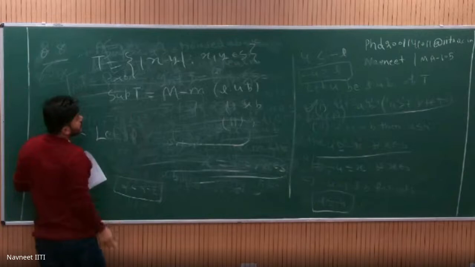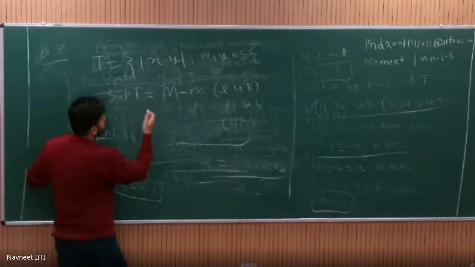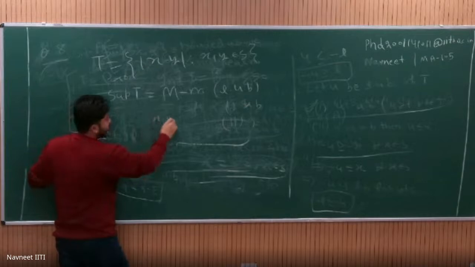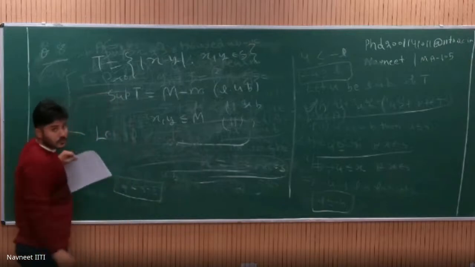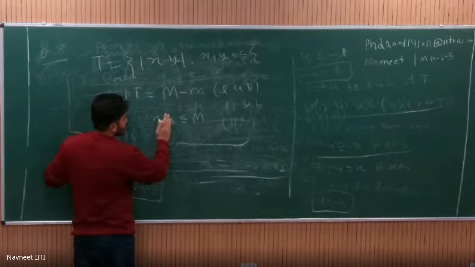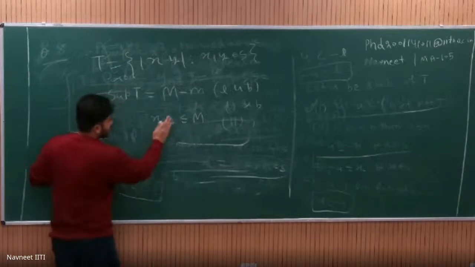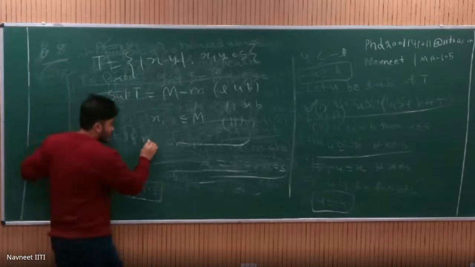Now you see very easily how to start. Okay, x and y are going to be less than or equal to this capital M. Is it clear or not? And this means what? Well, just take x to be less than or equal to M. Now small m is less than or equal to y.